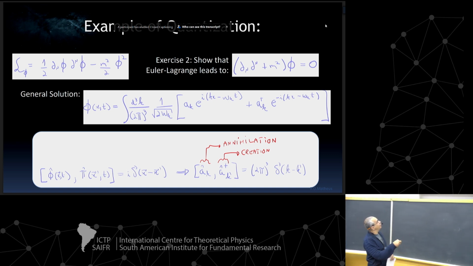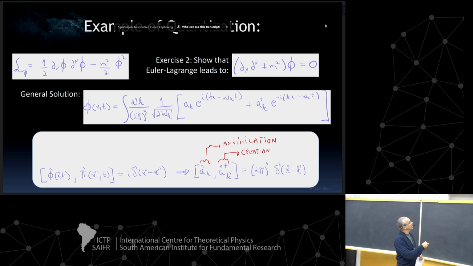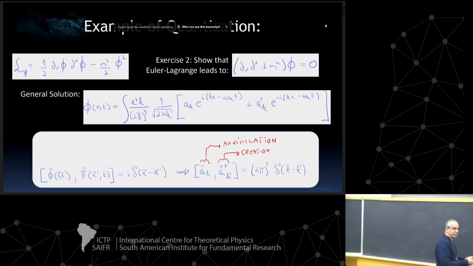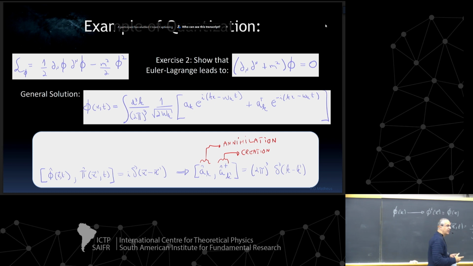But of course, I can go back to phi and pi, and now derive commutation relations for a and a dagger. I'm deciding to put a hat on these two, so they will carry the operator character of the field. And it turns out that this relation is, if you exchange this k, suppose I put this in a box.